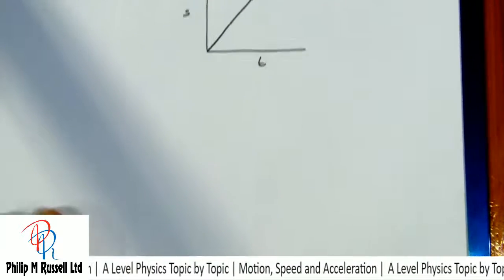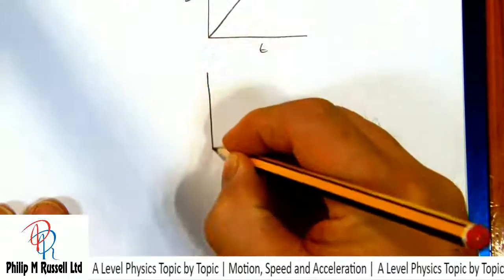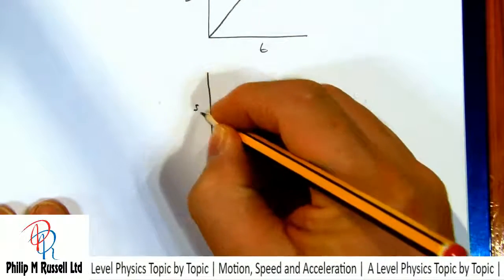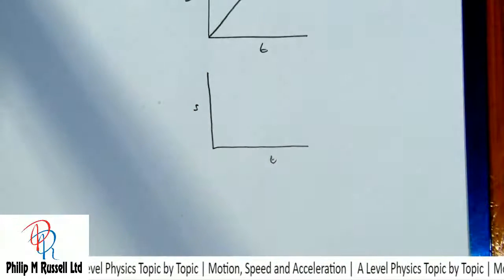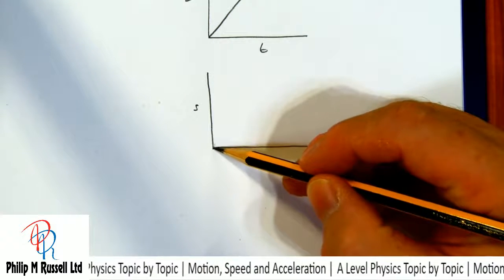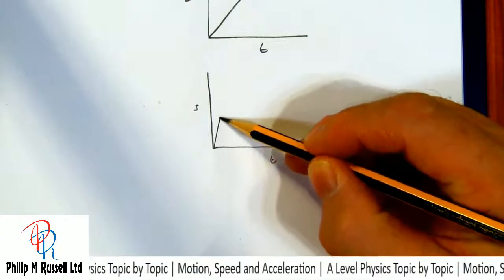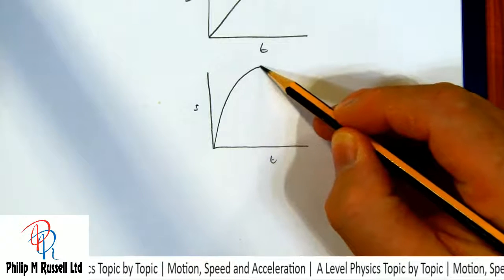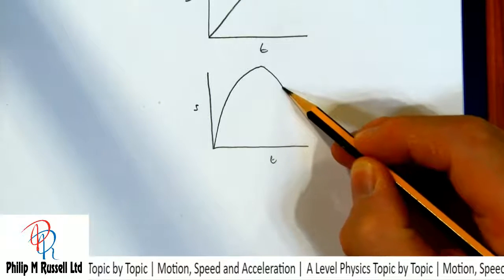If I were to perhaps take a distance time graph and I were to throw my trolley in the air, the velocity is going to be high, then it's going to slow down till it reaches a stop, and then it's going to come down.